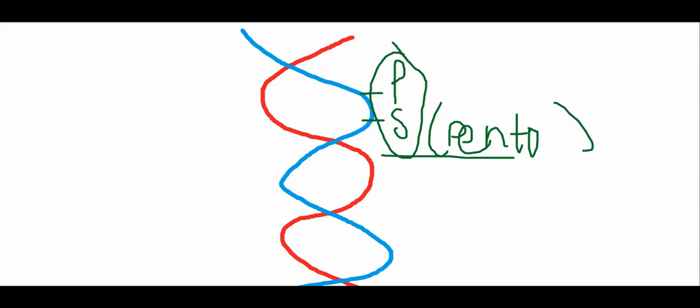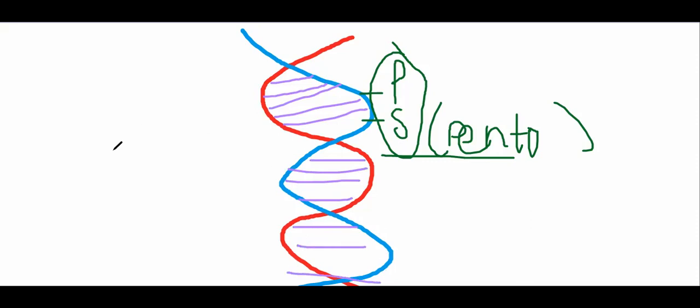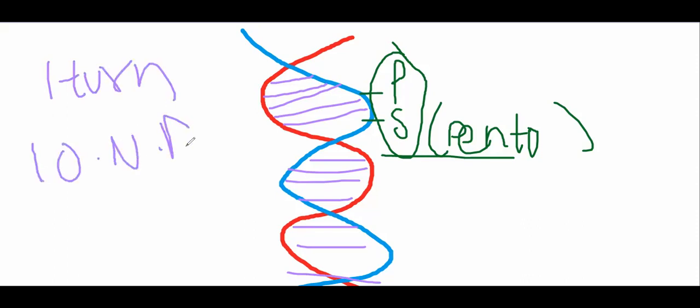And there are nitrogen bases which form the core of the DNA. For one turn, 10 nitrogen bases are there. The distance between one nitrogen base and the next is 2 nanometers.